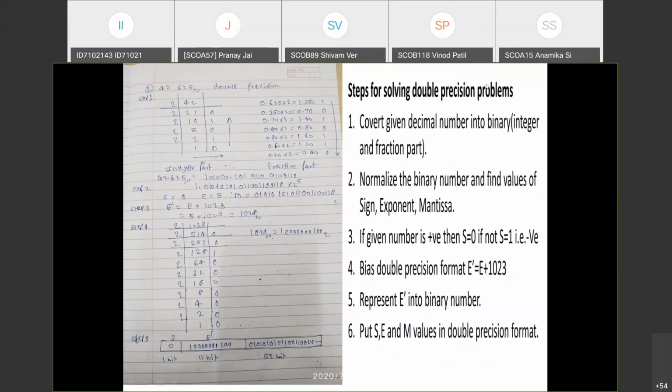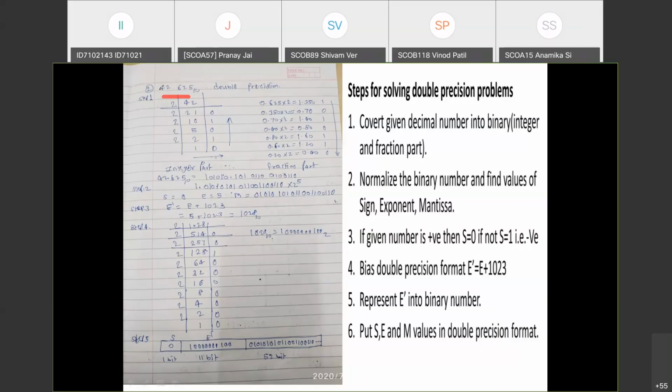Now the next problem is a small example given: 42.625. We need to represent this given decimal number in double precision format. Purposefully I am keeping all the steps for how to convert on one side and the problem solving on the other side, so you can easily see the problem and solve accordingly.